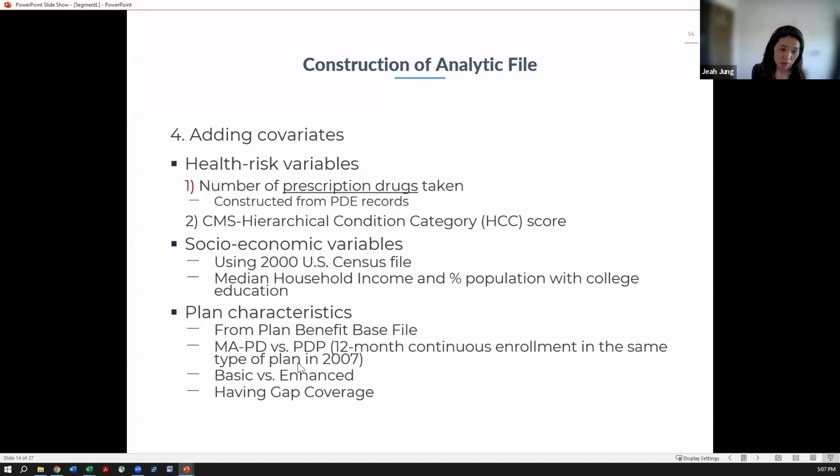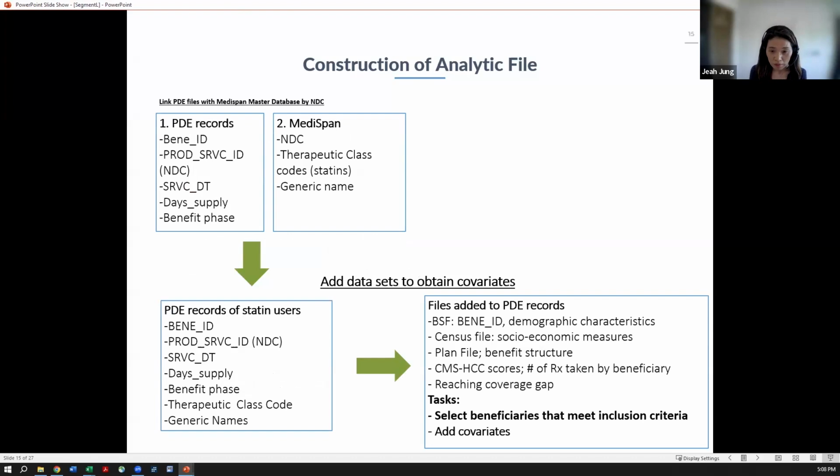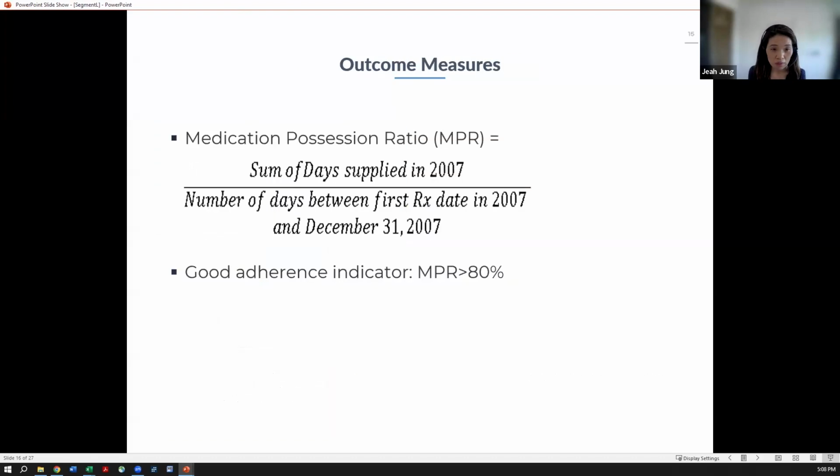And then from the plan characteristics file, I identified MAPD versus PDP, and their benefit package, whether they were in the basic plan, the enhanced benefit package, or the plan provided some coverage for the initial coverage gap. Those are the covariates that I used.